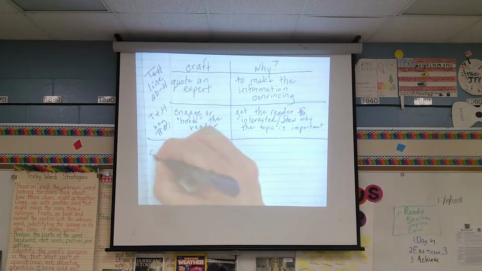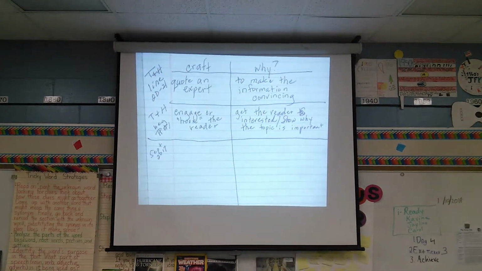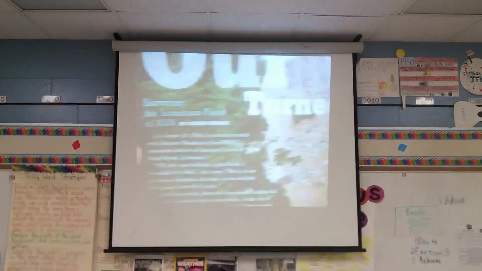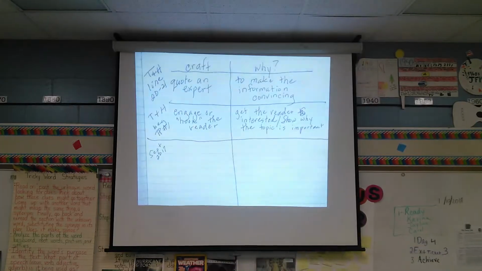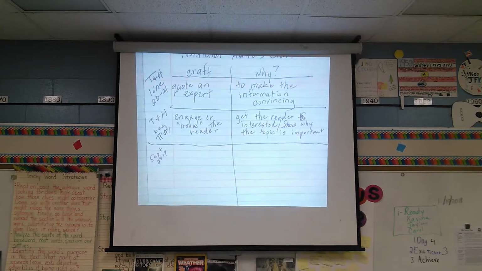So if I was using this one, I would put September 2017. Okay, and then I might put down the page number or the paragraph number so that I can go find it later, so that when I share it in closing meeting, I can show the sample to everybody in the classroom. Okay, I can go right to the part, we can read it, and then we can not only identify the craft, but explain why.